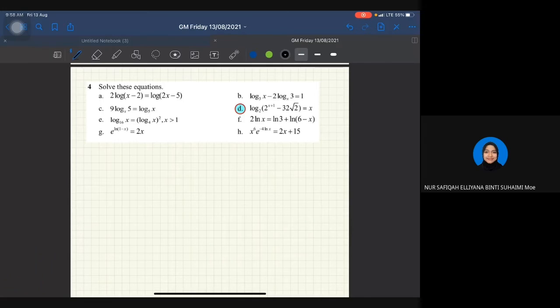Muhammad Hairul Ikhwan. Yes, Miss. What's your idea? Kasih tukar log 2 jadi 2 kuasa X. Okay, so maksudnya kita nak hilangkan log tu kan? We want to change it to index form, betul? Betul.